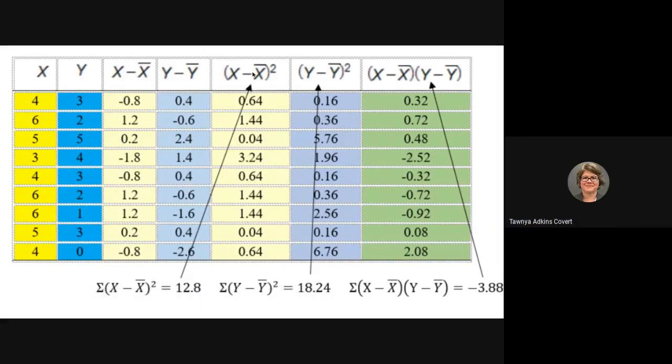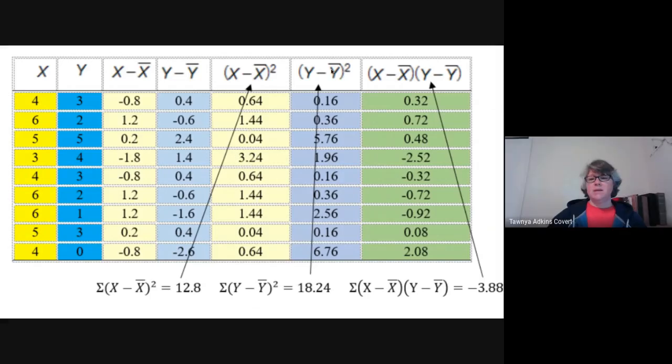So we're going to grab those. We're going to sum this column here, this column here, this column here, and that is going to get plugged into our formula.